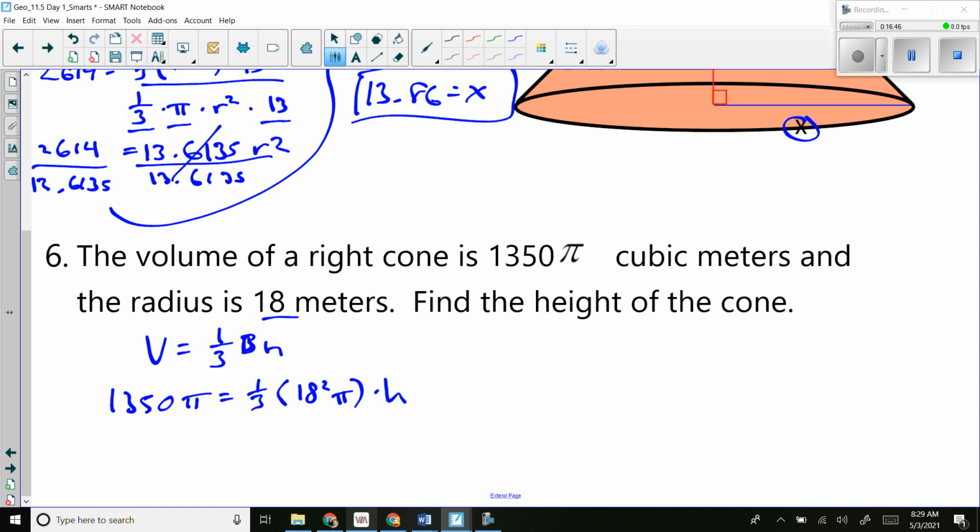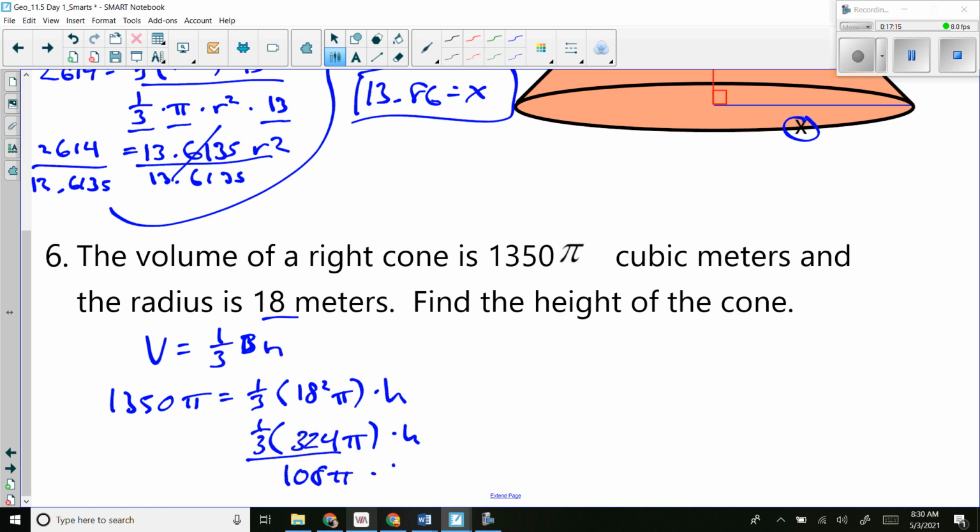Okay, 18 squared, we can do the math there. 18 squared is 324. So now it's 1/3 times 324 pi times the height. I'm going to take 1/3 times 324. 324 divided by 3 is 108.